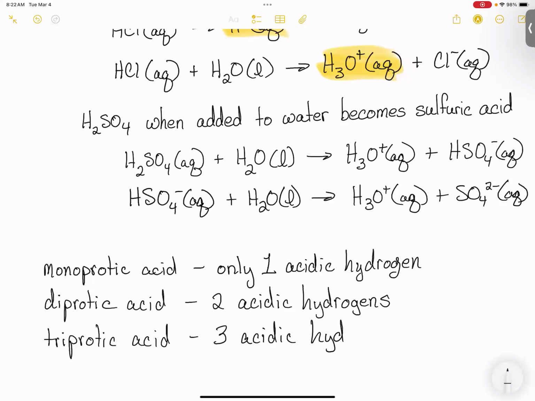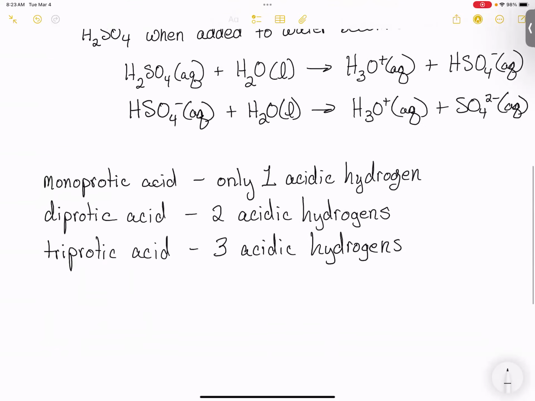Technically, yes, there are a couple of molecules that will have as many as four acidic hydrogens, but the most common ones that you're going to deal with in general chemistry for health sciences or college chemistry are going to be mono, di, and triprotic.